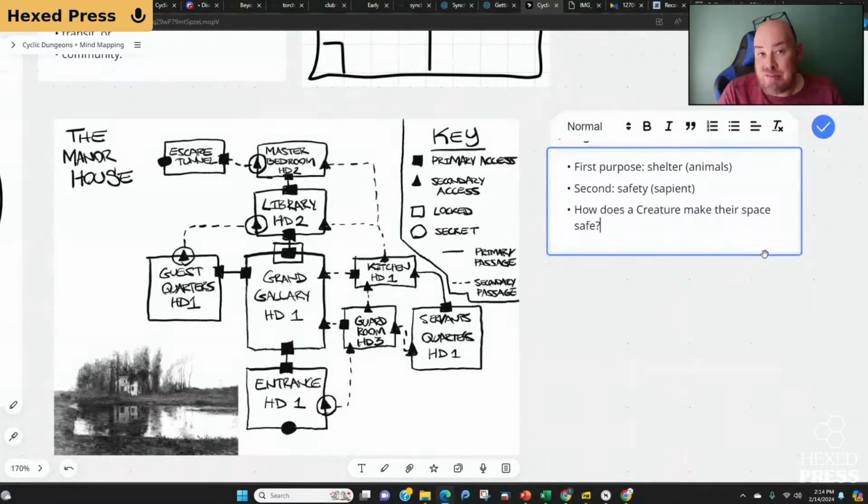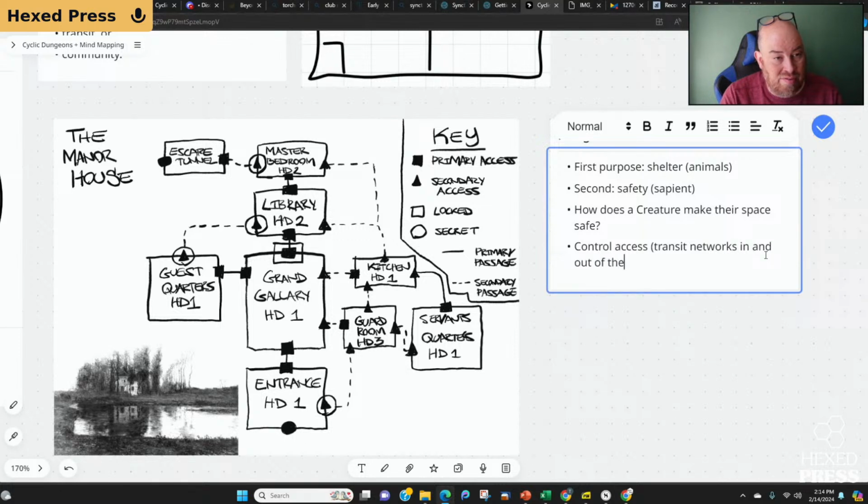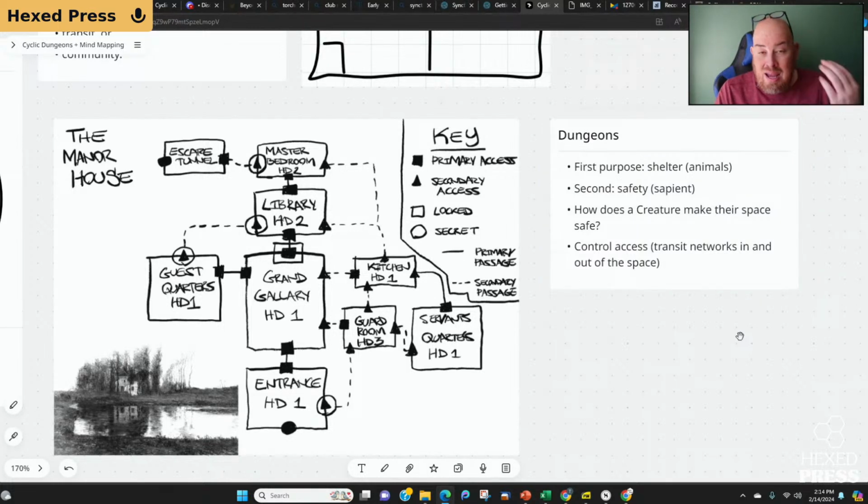How does a creature make their space safe? And the main thing I have is controlling access. And here's where I'm getting to access, which are the transit networks in and out of the space. That's what they're doing. How do you control access through the space?